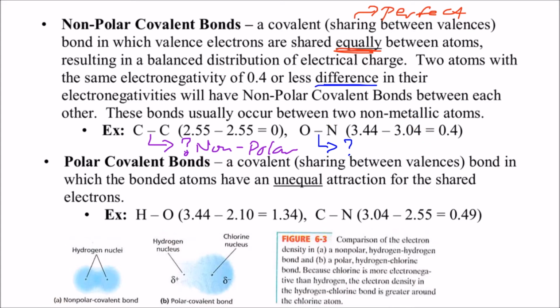You subtract them, and we get 0.4. So our range tells us that this must also be a non-polar bond. In other words, they have a perfect sharing of electrons. The oxygen and the nitrogen share the electrons evenly, and neither of them gets the electrons any more than the other one does.